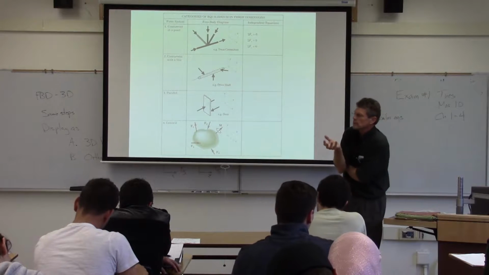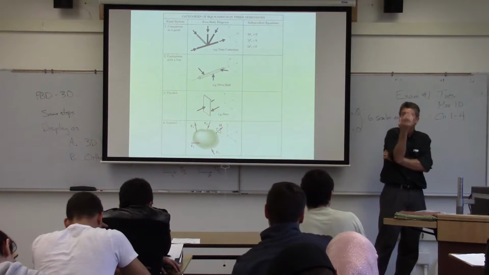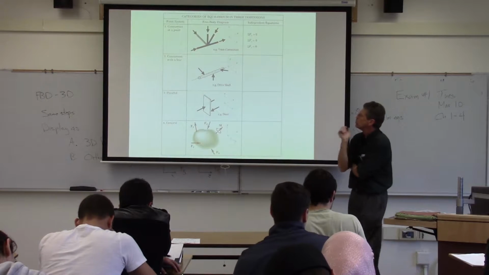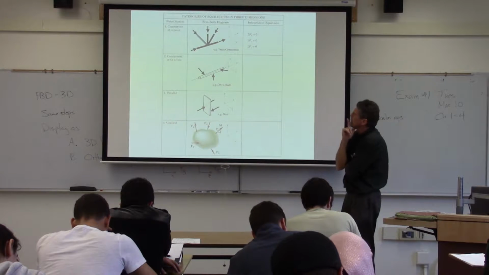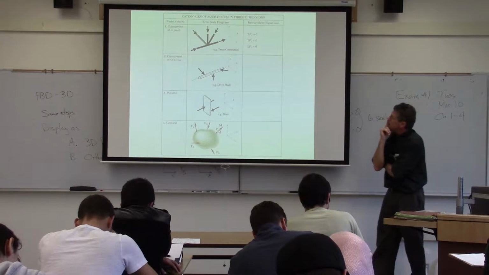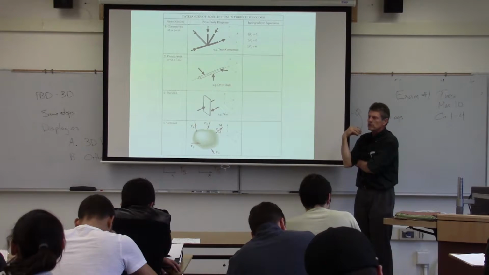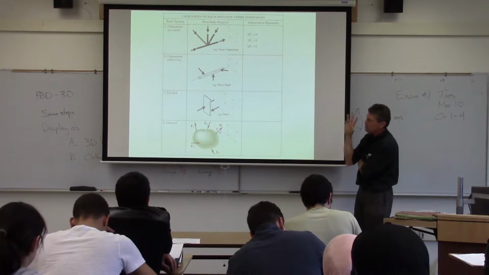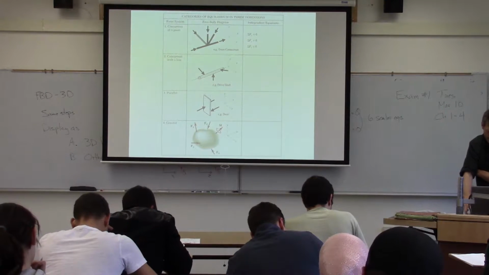There's no moment to be able to take care of, because if I take a moment at that pin, none of those forces have a moment arm and won't contribute to any sort of twist. So it's already in equilibrium in that sense. But again, the key thing is that when we run into a situation like that with a set of concurrent forces, then we only have the ability to solve for three unknowns.